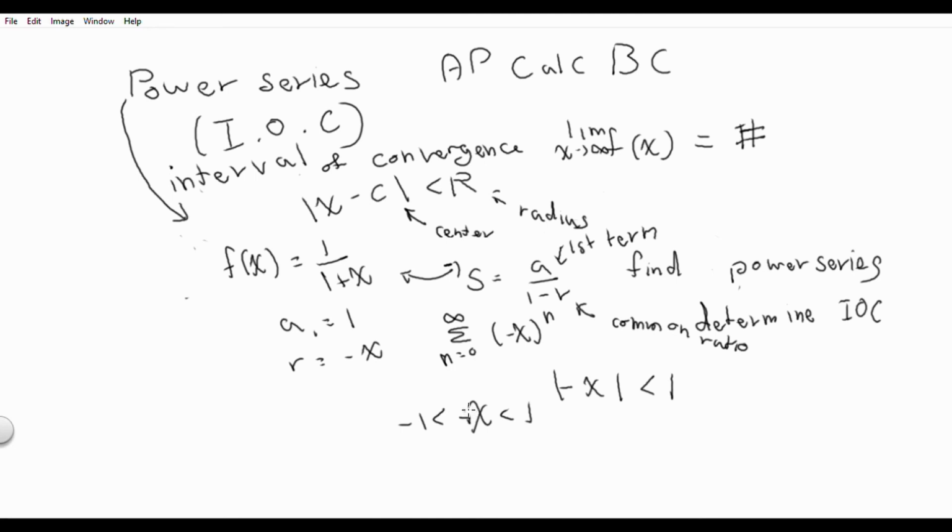And let's just put a positive sign since I'm too lazy to delete. And since it's -1 to 1, x is by itself, there's no more configuration to be done. Therefore, the I.O.C of f of x will be from -1 to 1.